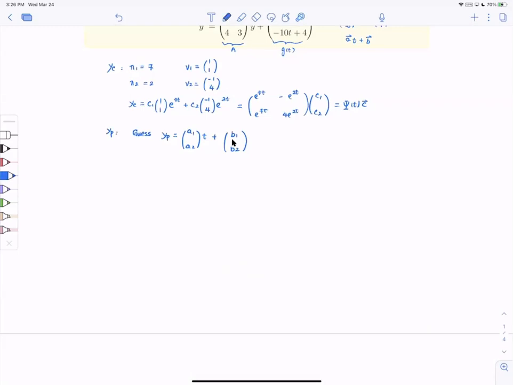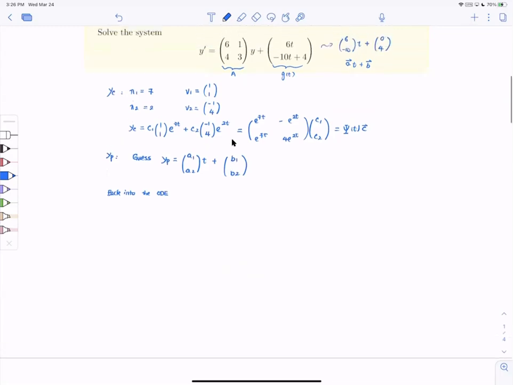Back into the ODE, you'll have, so y prime is this, right? So (a1, a2) equals (6 1; 4 3) times y, which is a whole thing.